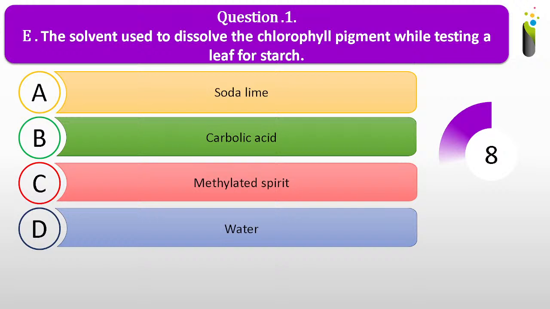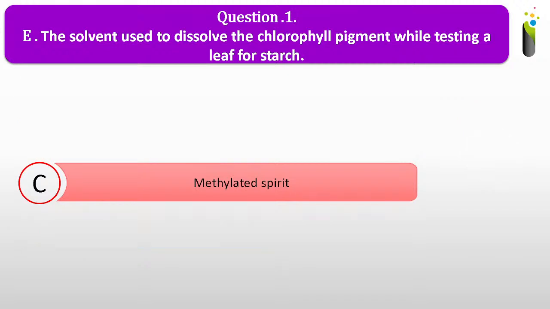And the correct answer for this question, that is the solvent which is used to dissolve the chlorophyll pigment while testing a leaf for starch, is methylated spirit.